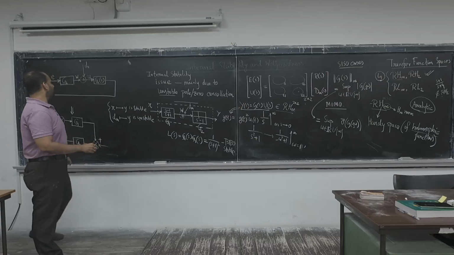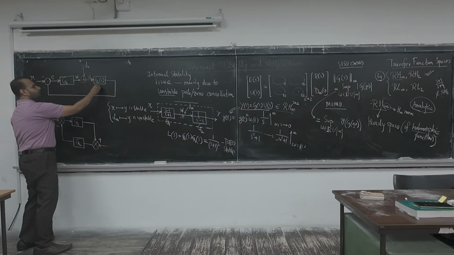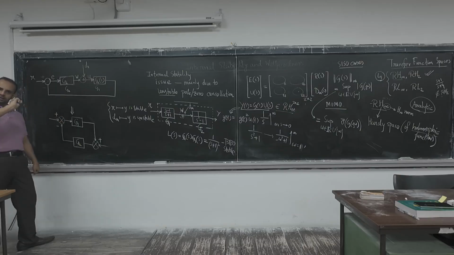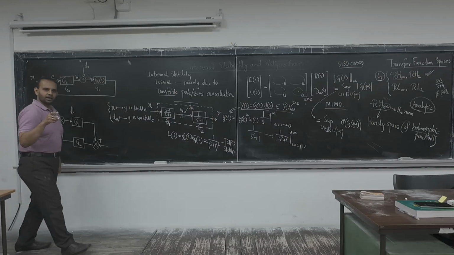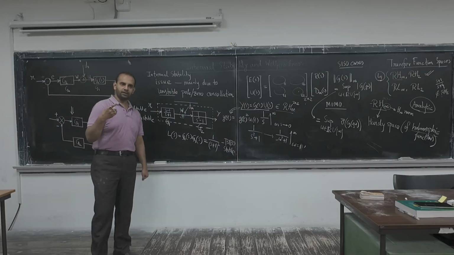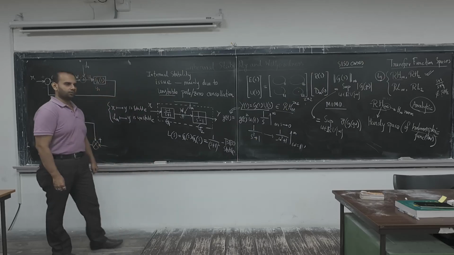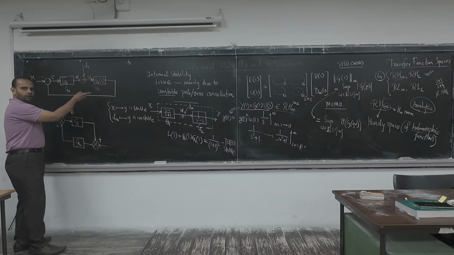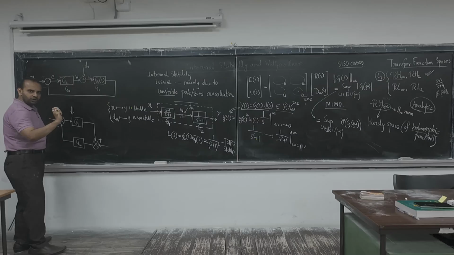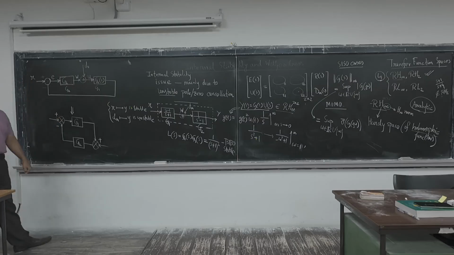Whatever you are saying, if I take this as G1 and G2, only mutually it will be different. See, the poles or zeros of (I plus G1 G2) whole inverse and (I plus G2 G1) whole inverse will remain the same. So even if you change the order, there is just a mutual shift; there will be no problem at all.